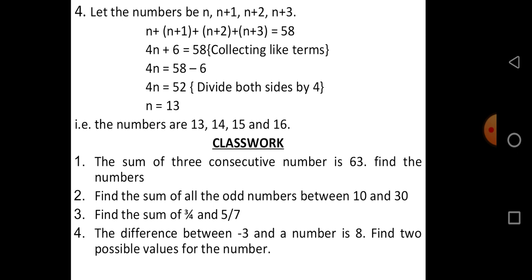So our numbers are 13, 14, 15, and 16. These are the 4 consecutive numbers that can be added together to give 58. Now we are done with sum and difference of numbers.